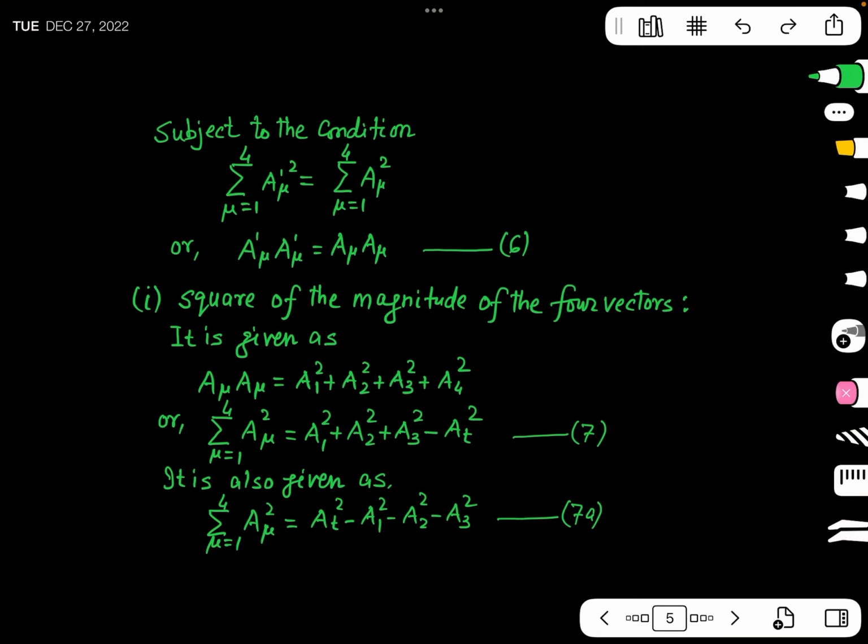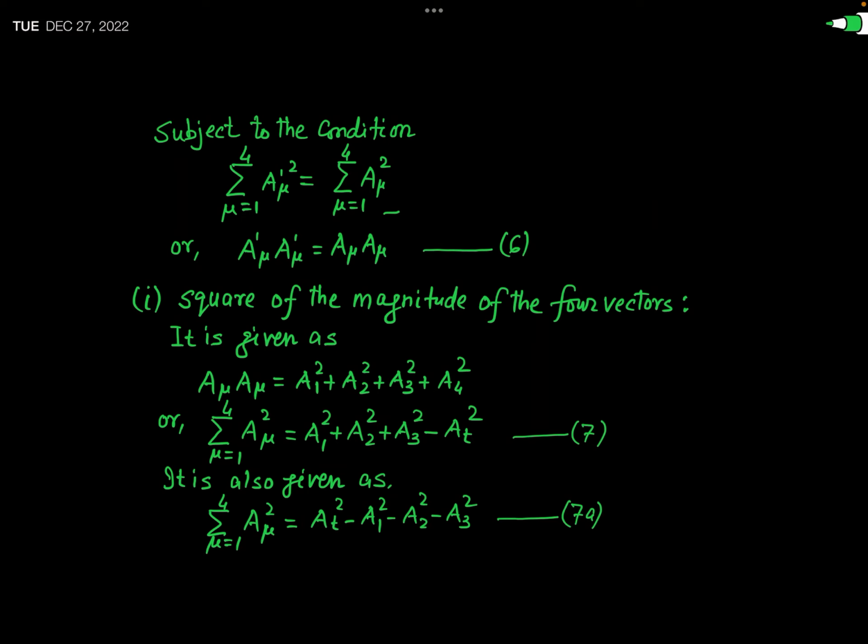As I have told you, the position 4 vector defined by the Lorentz transformation is valid when the condition that summation over mu equal to 1 to 4 x mu prime square is equal to summation over mu 1 to 4 x mu square is satisfied. In a similar manner, you can also say that the matrix transformation will be valid only when this condition is satisfied.